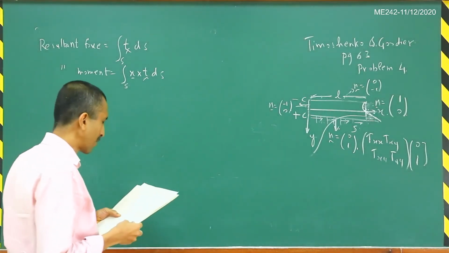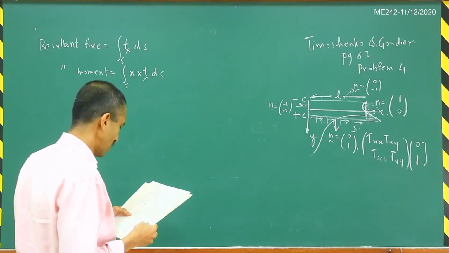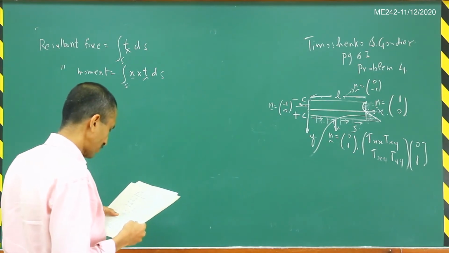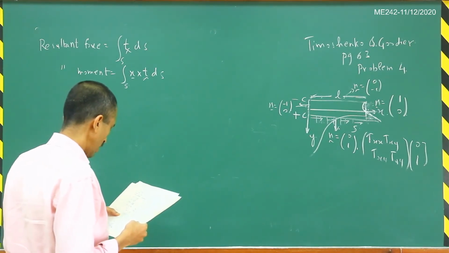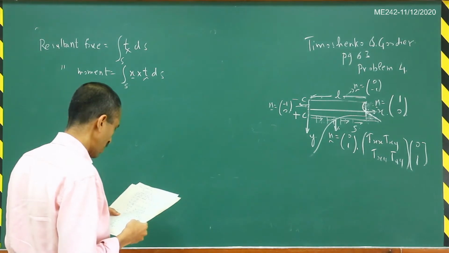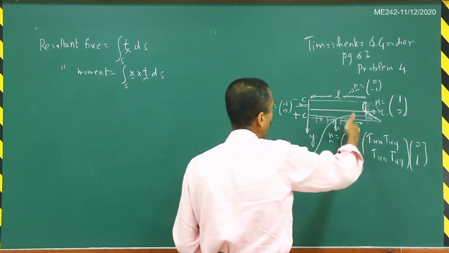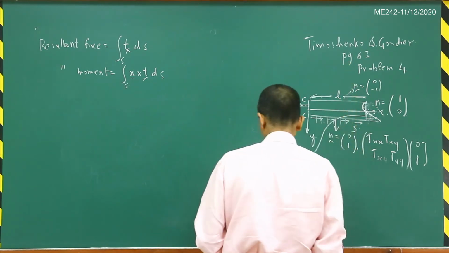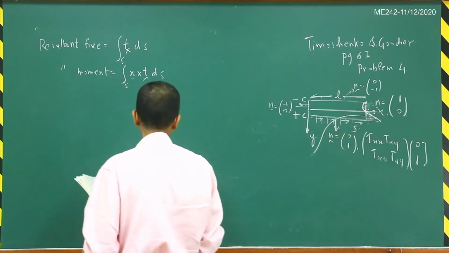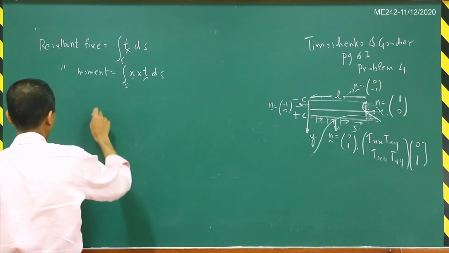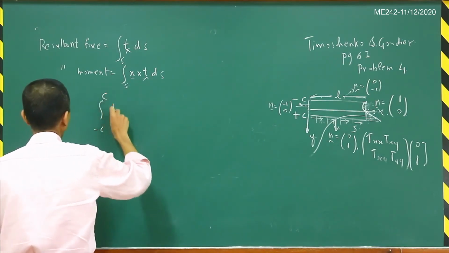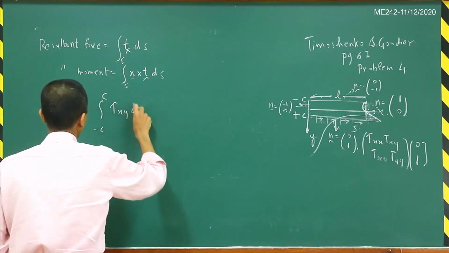So for example, suppose I wanted to compute the resultant shear across this cross section here, the resultant shear along this edge here. In that case, I will write it as the integral from minus c to c of tau xy times dy.